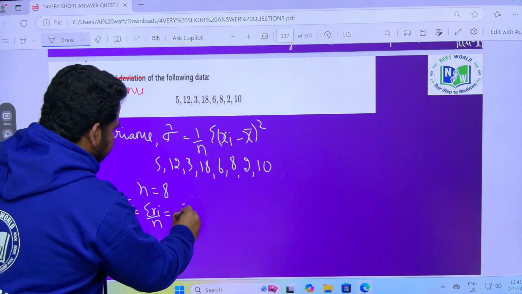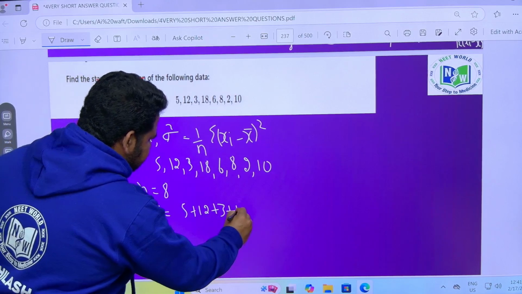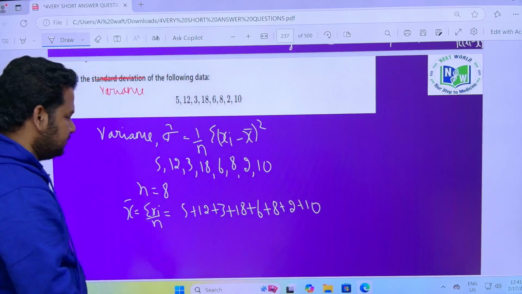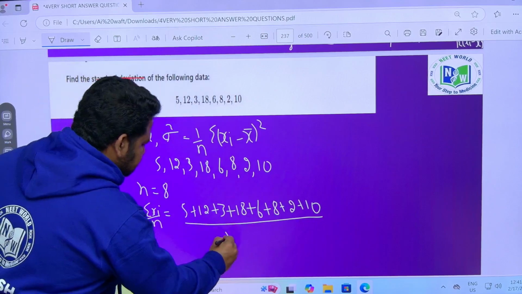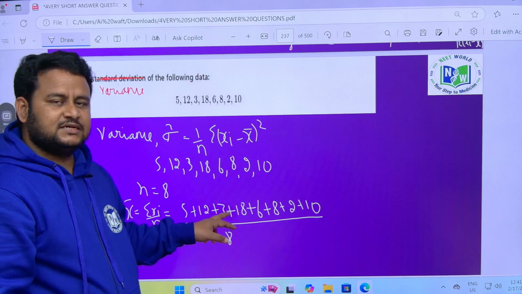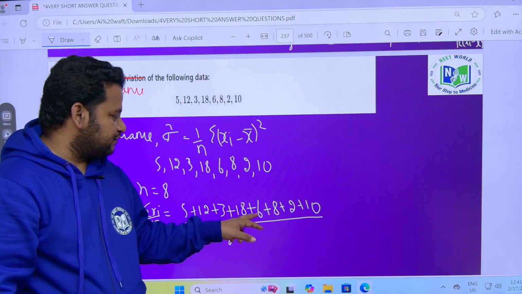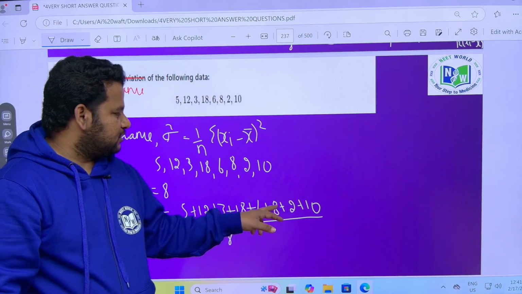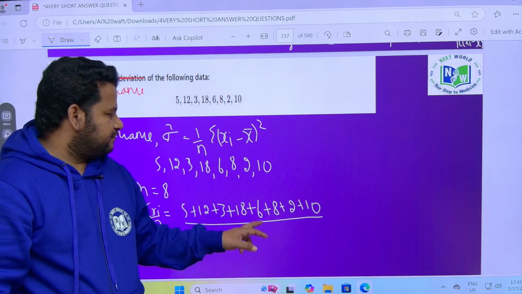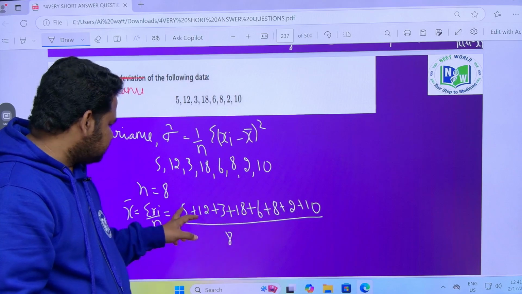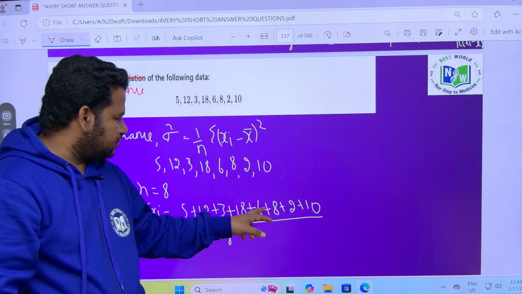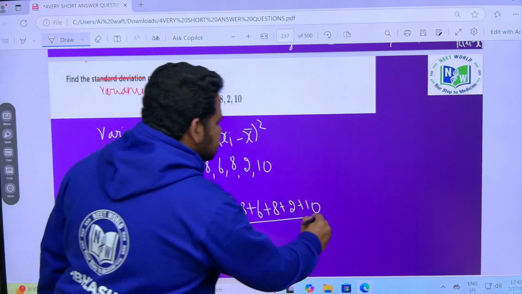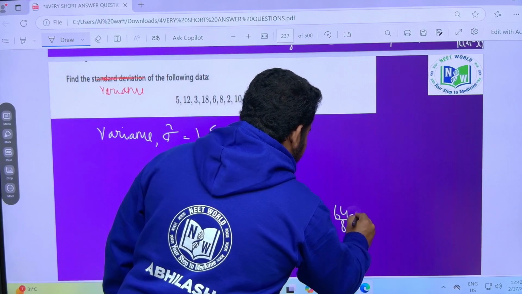We have to add all of these: 5 plus 12 plus 3 plus 18 plus 6 plus 8 plus 2 plus 10, and divide by the number of observations, which is 8. 5 plus 12 is 17, 17 plus 3 is 20, 20 plus 18 is 38, 38 plus 6 is 44, 44 plus 8 is 52, 52 plus 2 is 54, 54 plus 10 is 64. 64 by 8 is 8 itself.